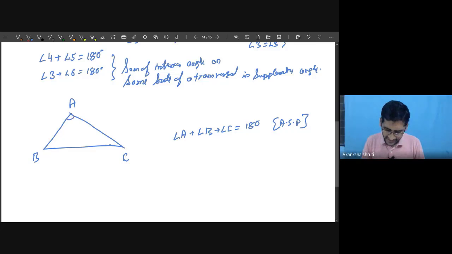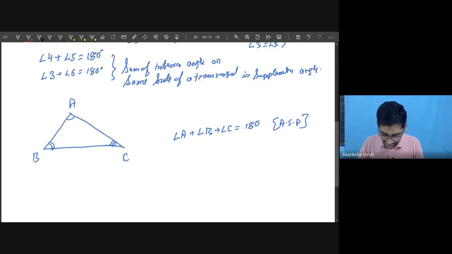So what is angle A? It is like this. This is our angle B and this angle is our angle C. Another thing, if we extend any of the sides, we can get the exterior angle.